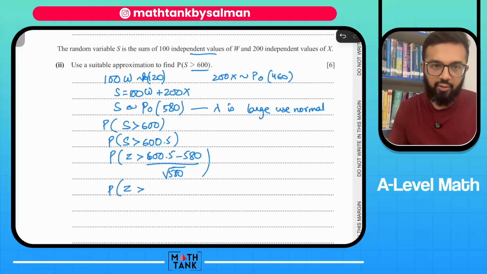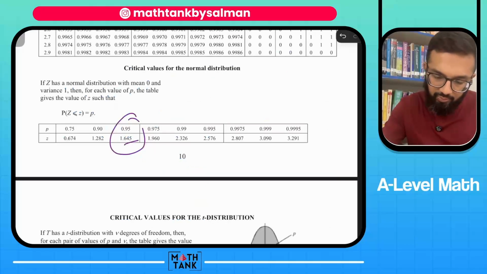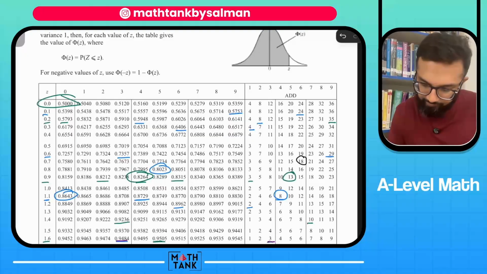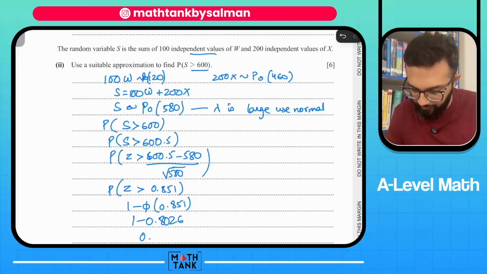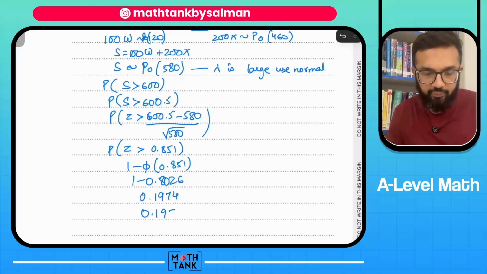Probability of Z greater than 0.851. Three decimal places because Z is to 3 decimal places. 0.851 from my table, 0.8026, so 1 minus that is 0.1974. So 0.197 to 3 significant figures.